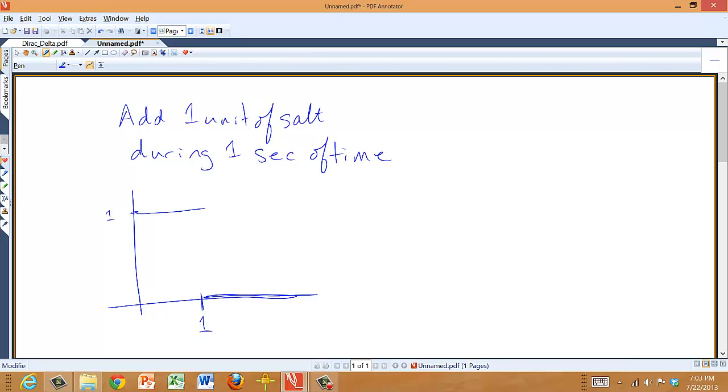So now what happens if I add 1 unit of salt, but I add it during half a second? So I add salt over a shorter period of time, but I add it at a bigger rate during that time, so that I still end up adding 1 unit of salt. Suppose I add it during 1/2 a second.